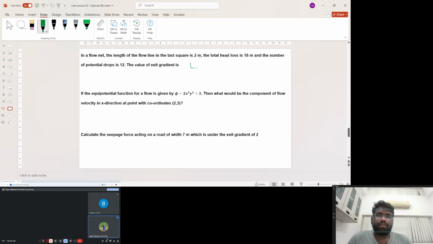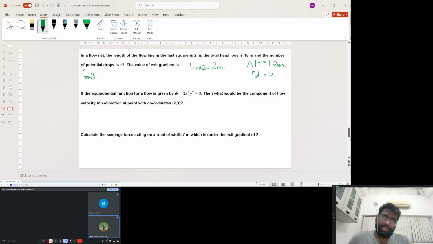L exit is 2 meters and the total head loss is 18 meters and number of potential drops Nd is 12. They are asking us to compute I exit.